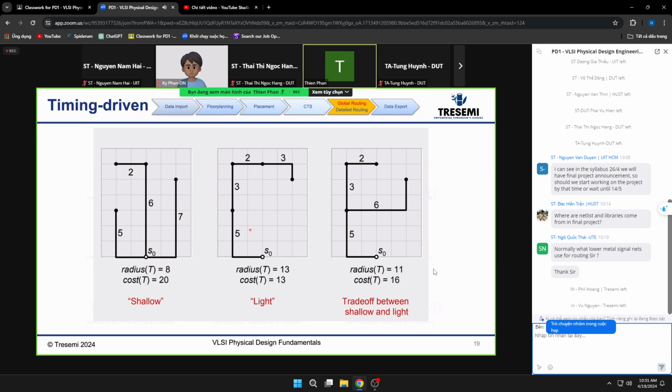The net can be longer, but the crosstalk effect is much less, right? Any questions?